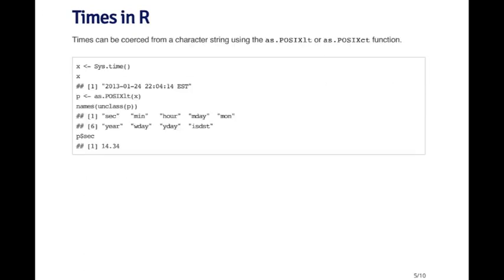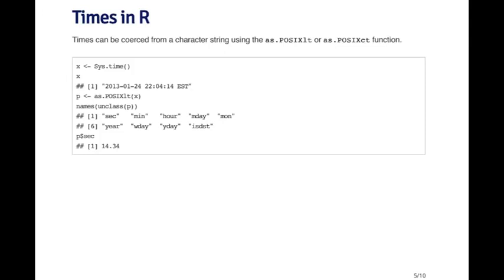You can also coerce things back and forth between POSIXlt and POSIXct if you want, using the as.POSIXlt or the as.POSIXct function. For example, the Sys.time function here just gives you the current time as it's known by the system, and you can see that it prints out in a year, month, day format, then an hour, minute, second format, and then the time zone, which is Eastern Standard Time right now.